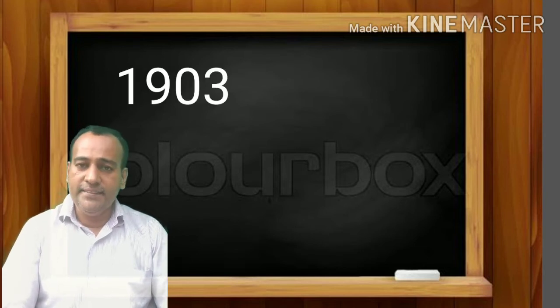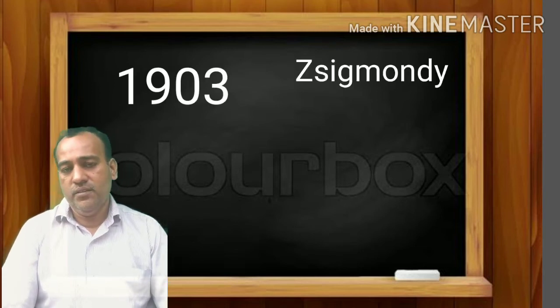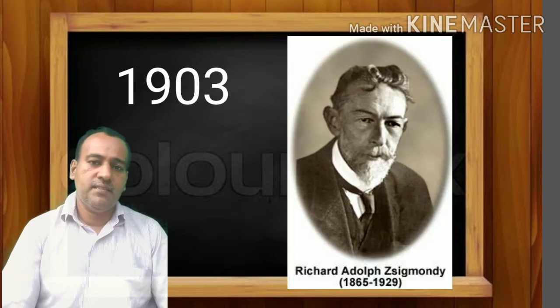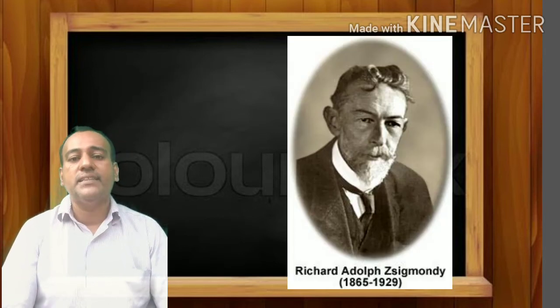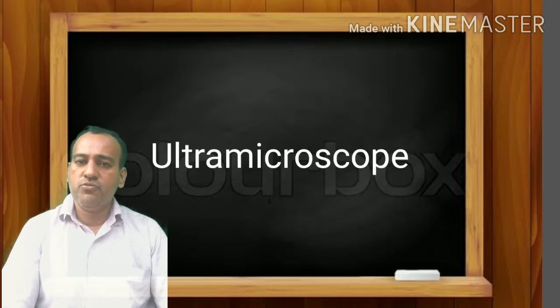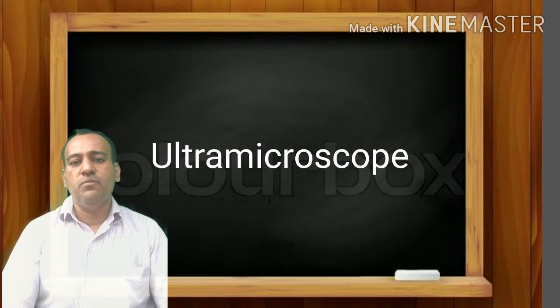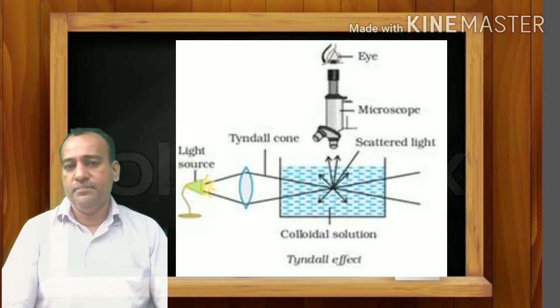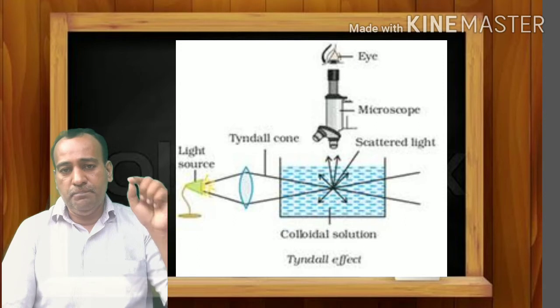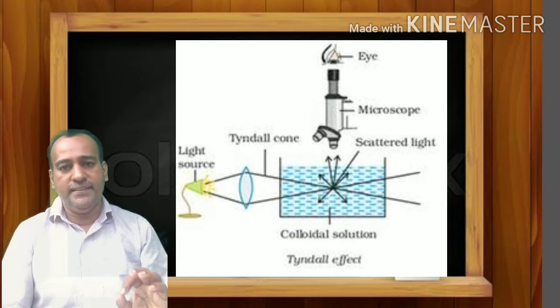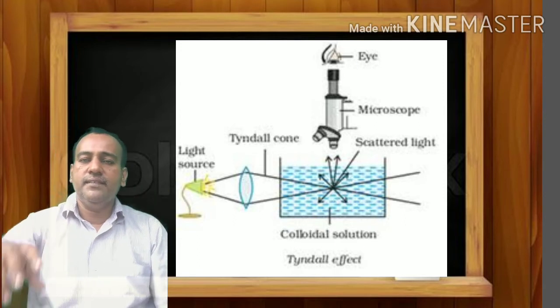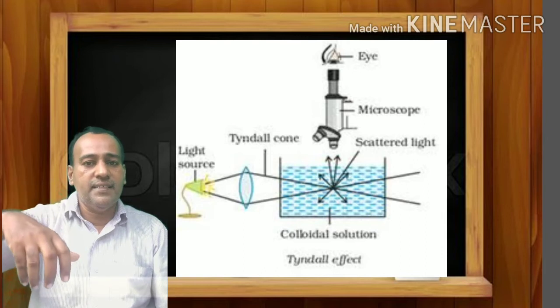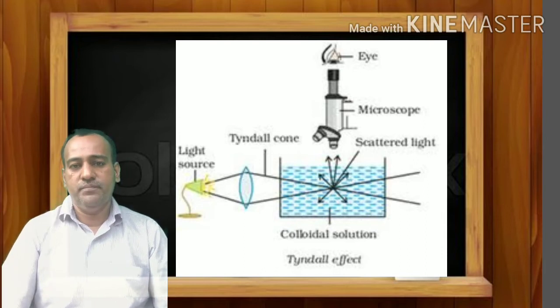For that, in 1903, Zsigmondy, a scientist, constructed an apparatus called the ultramicroscope. The ultramicroscope is nothing but a Tyndall effect setup. Perpendicular to the beam of light used, he constructed a microscope.